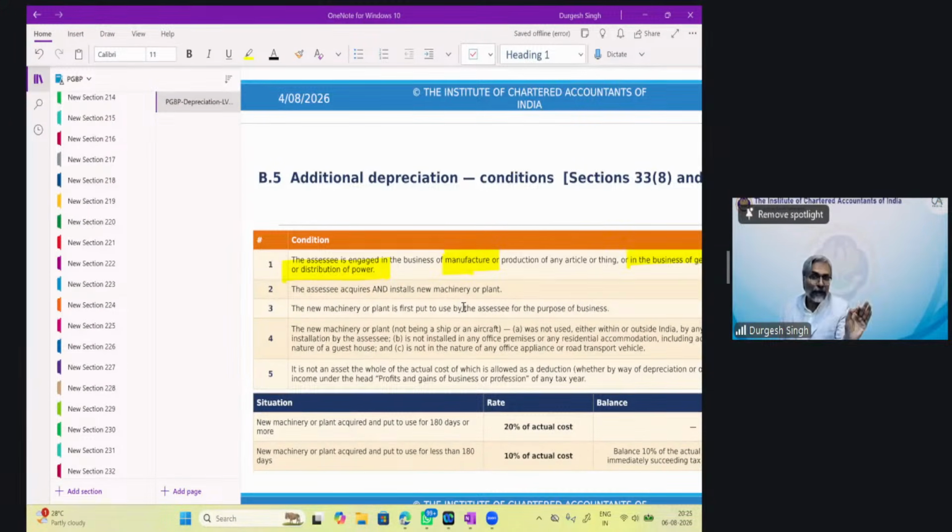So just write, students, a thumb rule in the notebook. The additional depreciation is available only under the block scheme. Please write.